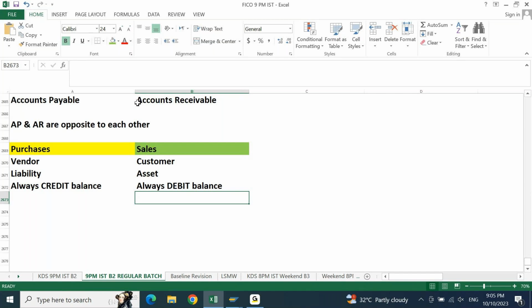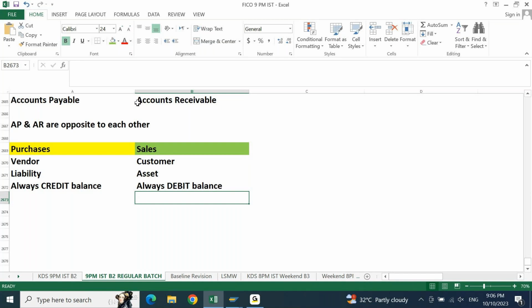The ideal balance in your vendor account is a credit balance, because you are liable to make the payment to the vendor. It is your liability, and liability always shows a credit balance. Similarly, on the other side, your customer account is always supposed to be a positive number, as we are supposed to receive the money from the customer. Since we are supposed to receive the money from the customer, this will be your asset.